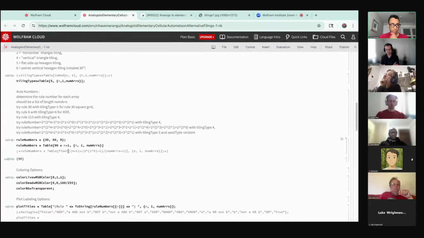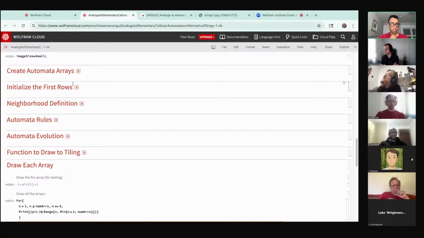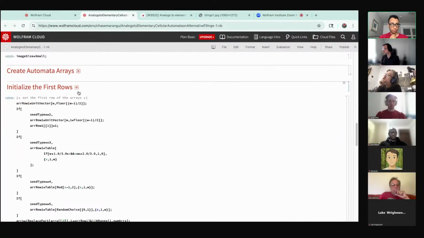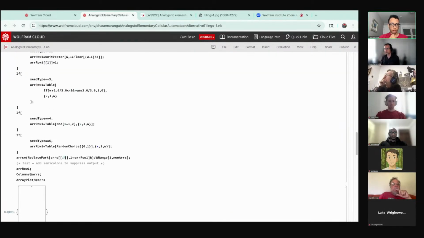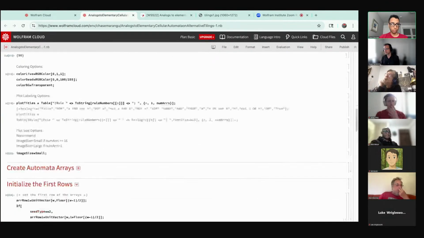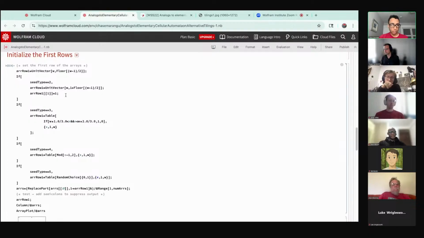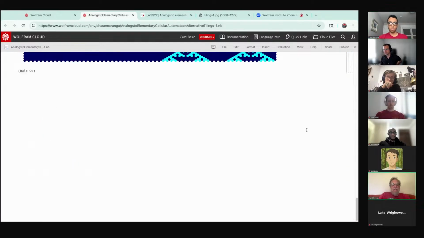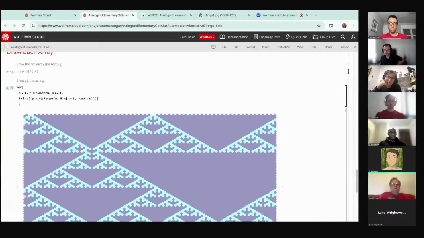Let me see here, the initial conditions. Which one was it? Keep two live cells. So the first one, we can say 5 to the right, maybe.